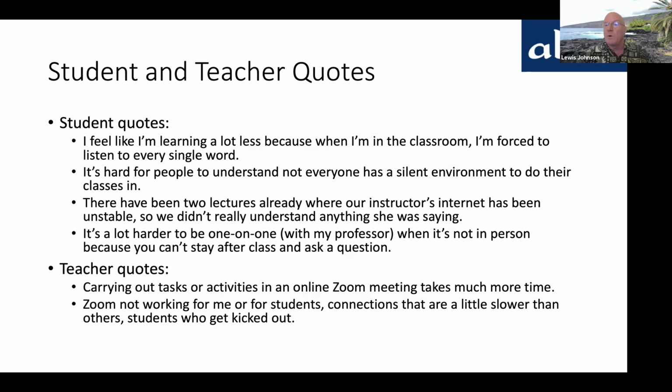They didn't get as much one-on-one time. Conversely, teachers complained that it took much more time to accomplish tasks on Zoom, and it wasn't working as effectively. People were just trying to take their existing teaching practices and move them online on video conference, and it wasn't working well. Also, the software tools available to them were not designed to support a virtual online experience.